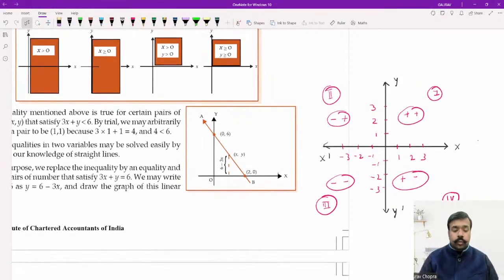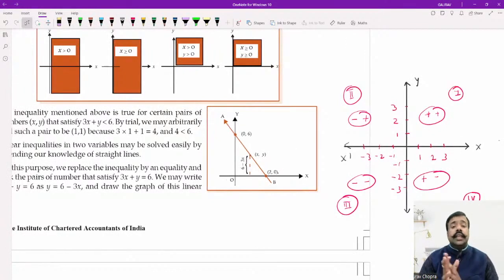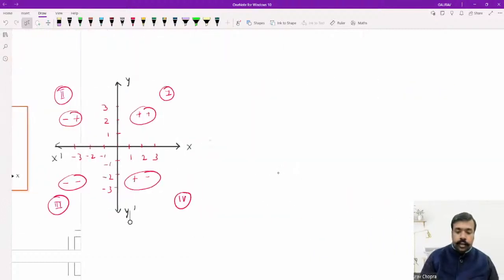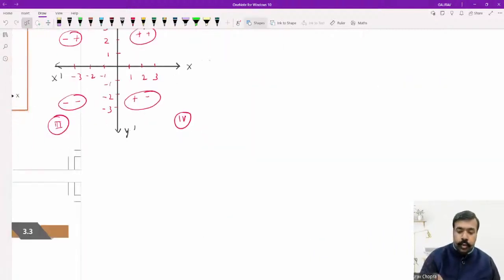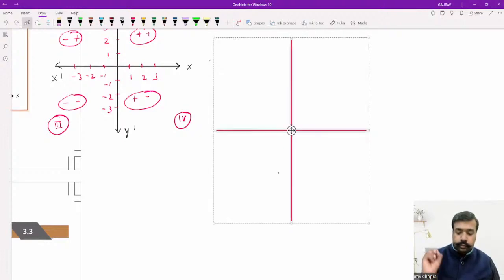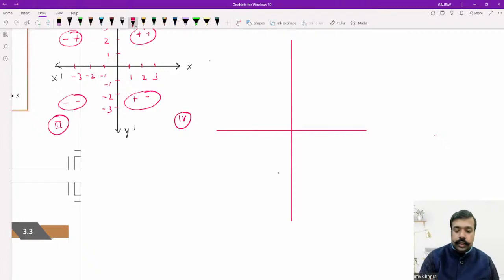Now see what we have to do. Now we are discussing how we will mark the things, how we will plot the things. So let us make one more graph. Okay, this is the graph.